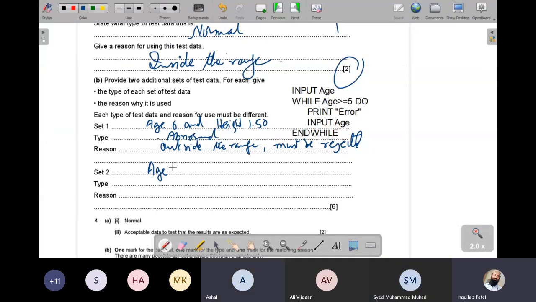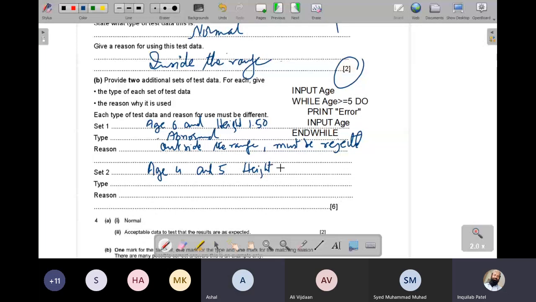We are using boundary data. Age. Okay, so for age we will take 4.9 and 5 for boundary, right? If we are taking real, what do you want? You want to use integer? You may use. Let's do it, it will be more correct. Okay, it's okay.